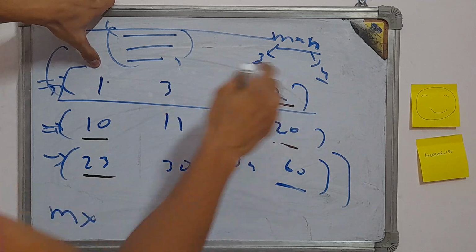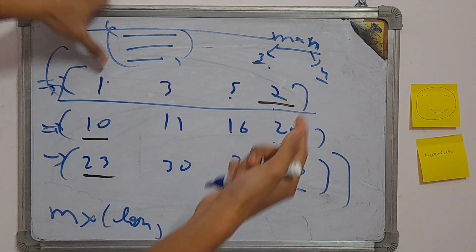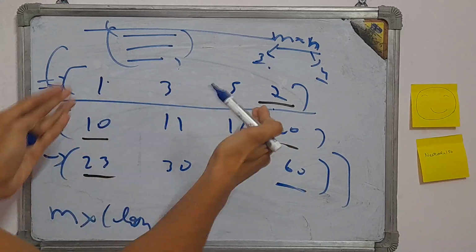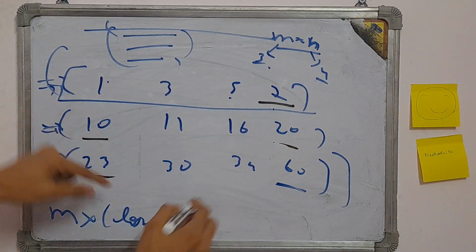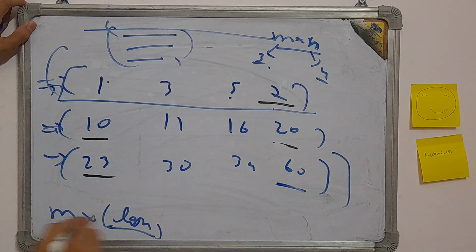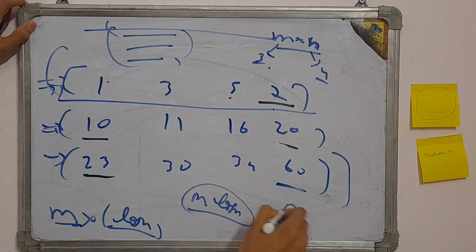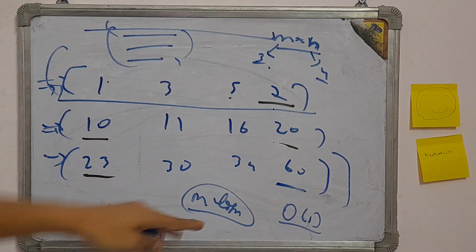We apply binary search on these n elements and we get log of n. Then we apply the same binary search again on the next row, starting from the middle, and we get log of n again, and then for this also log of n. So log of n 3 times, that means log of n m times. So the time complexity is m log n, and space is O of 1 as in the previous solution.